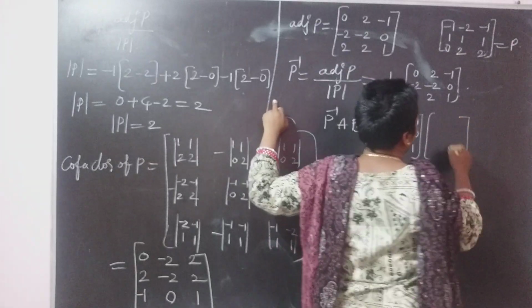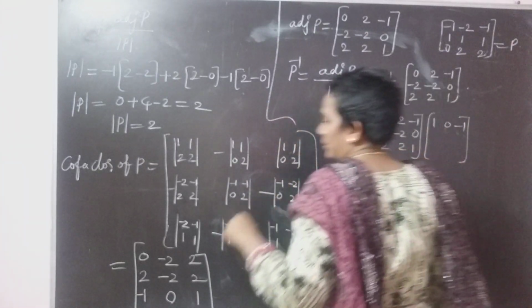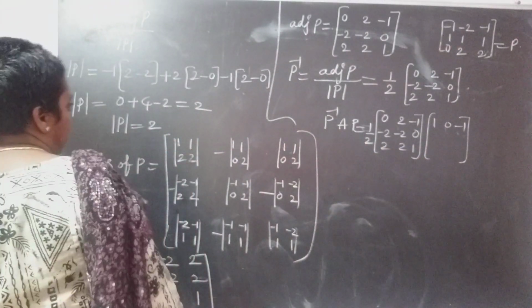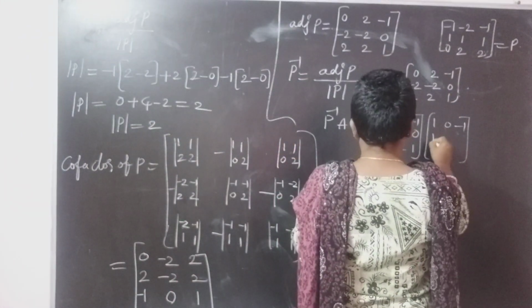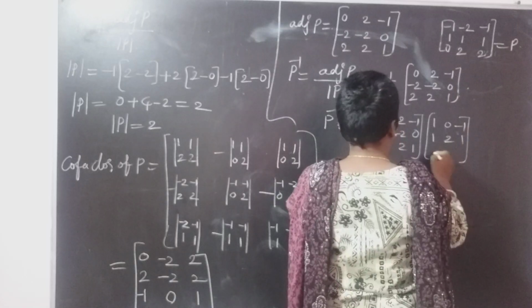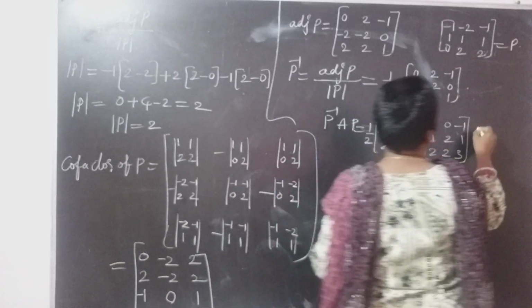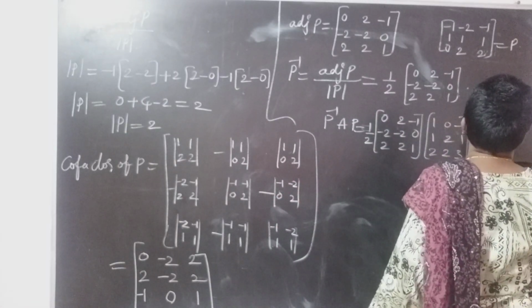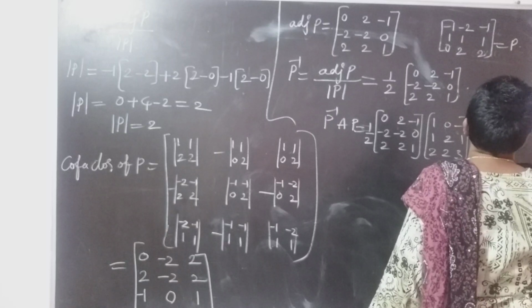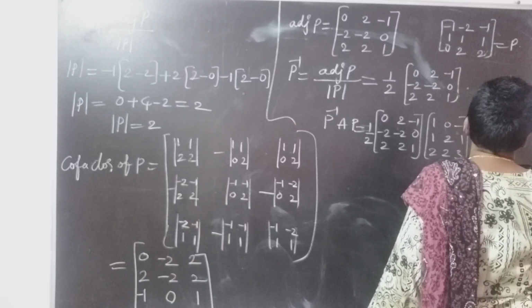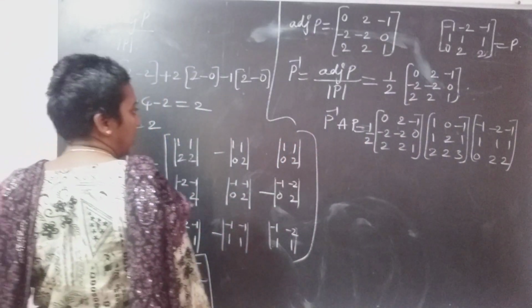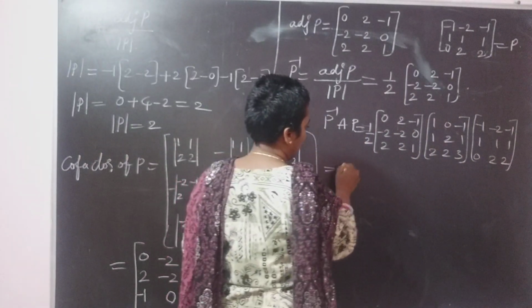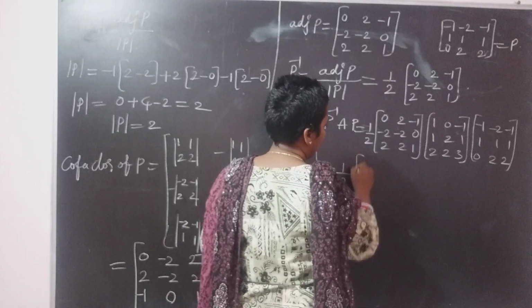A matrix is 1, 0, minus 1, 1, 2, 1, 2, 2, 3. P matrix is minus 1, minus 2, minus 1, 1, 1, 1, 0, 2, 2. Okay. Now we can multiply the first or last, any you can choose.